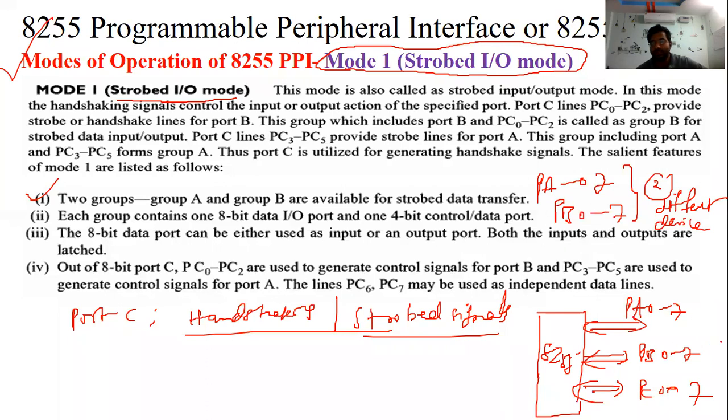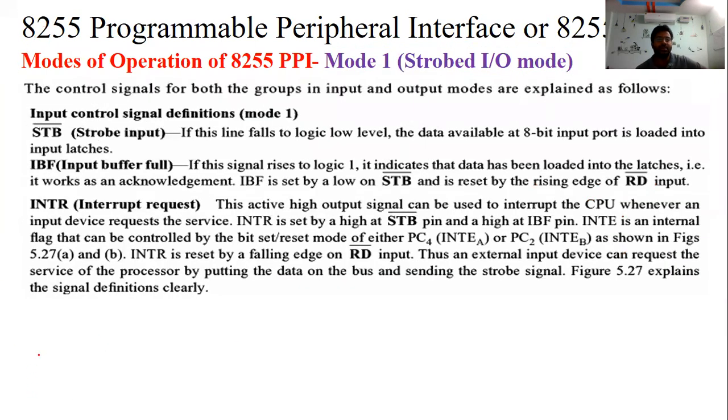For mode 0, 3 ports are available, but in mode 1 only port A and port B are available. Port C will work as handshaking signals, nothing but control signals, for port A and port B. The 8 lines of port C work as control signals for port A and port B. Okay, control signals. You can see how.